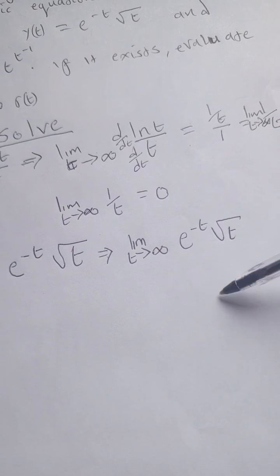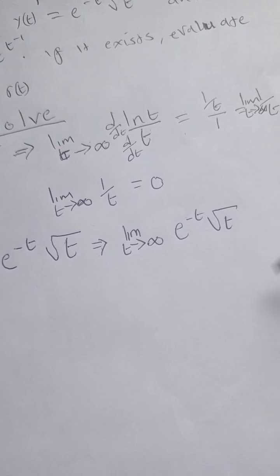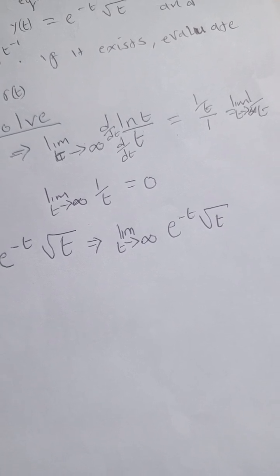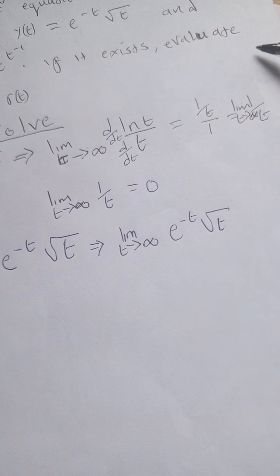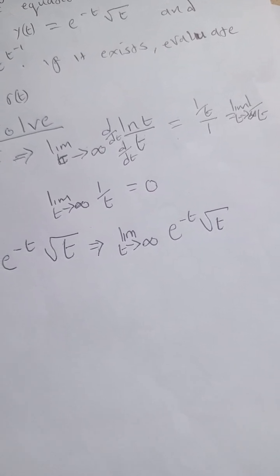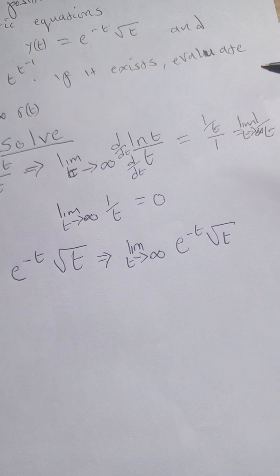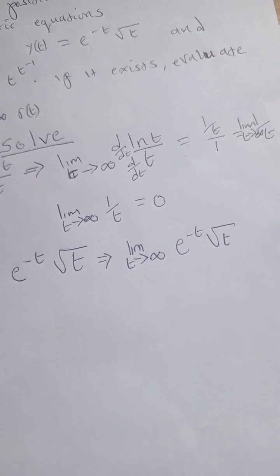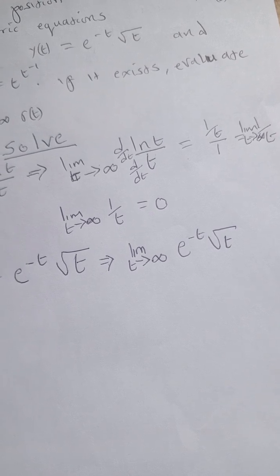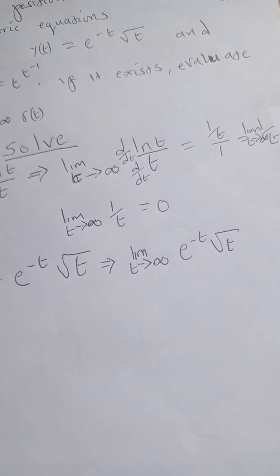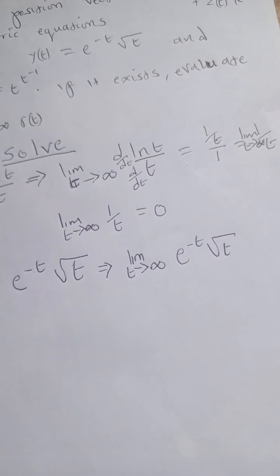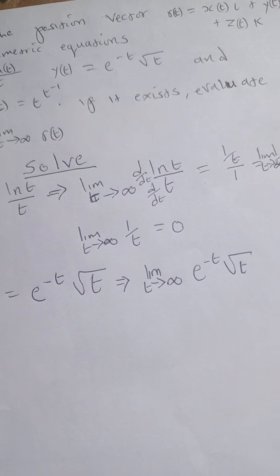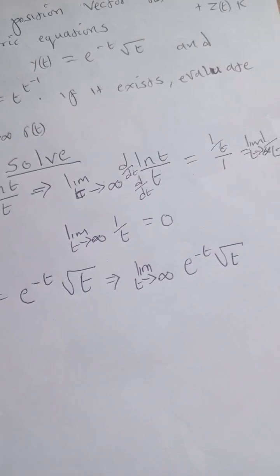So we can try to look at this. If we drop this down, it becomes root of t over e to the power t. Even if we use L'Hopital's rule for this, we're going to get almost the exact same thing, so we can try to see how and where L'Hopital's rule will take us.